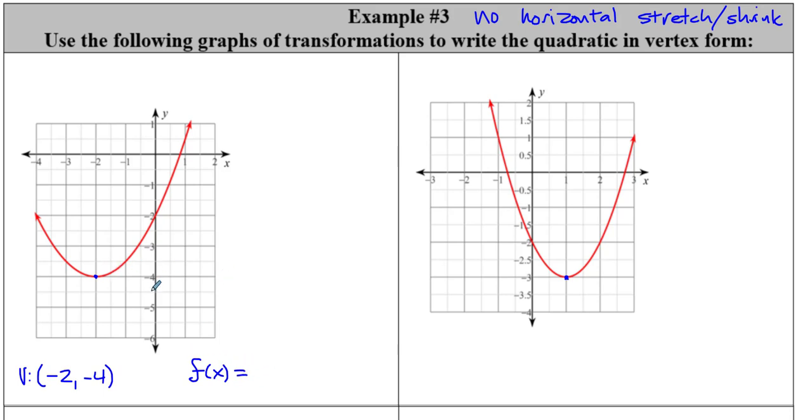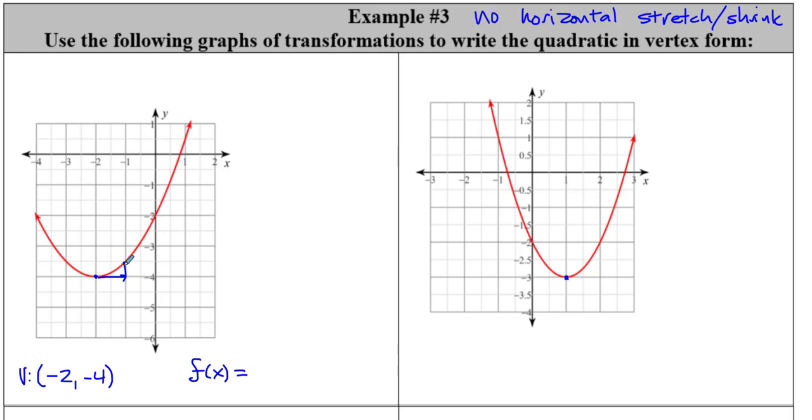But I want to first see, do I have a vertical stretch or shrink? Remember, with our 1-3-5 method, we always go to the right one, and then I want to go up until I get to the graph. With the vertical, I am looking at the change in my y values. Normally I would be going right one and up one if I had a value of 1.